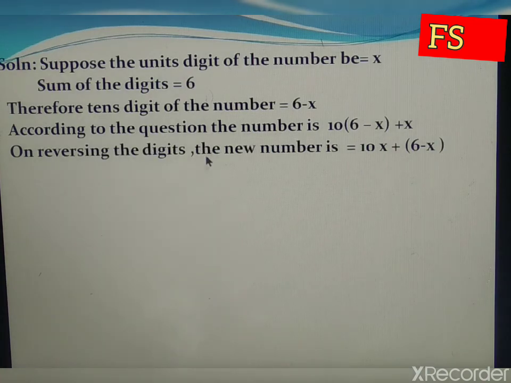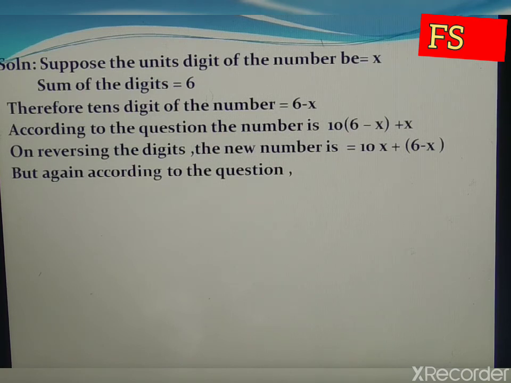On reversing the digits, the new number will be 10x plus 6 minus x. Now how has it become 10x? Because we have reversed the digits. So now the units digit becomes the tens place, and the tens place digit has come to the units place. So the new number will be 10x plus 6 minus x.